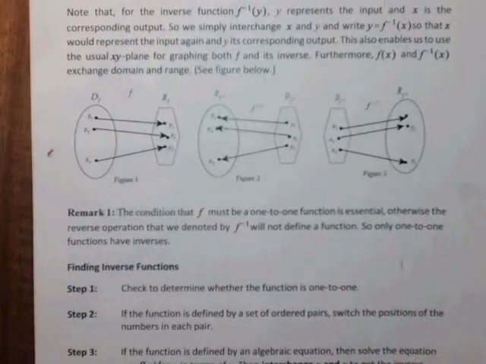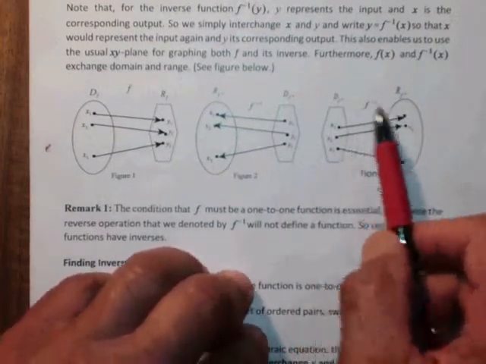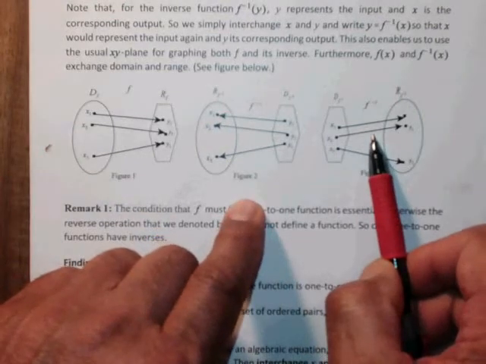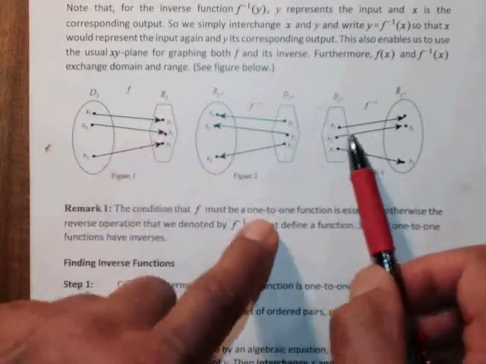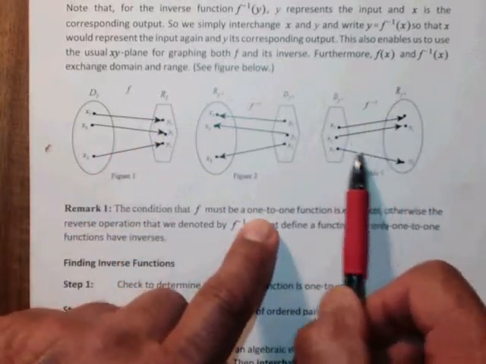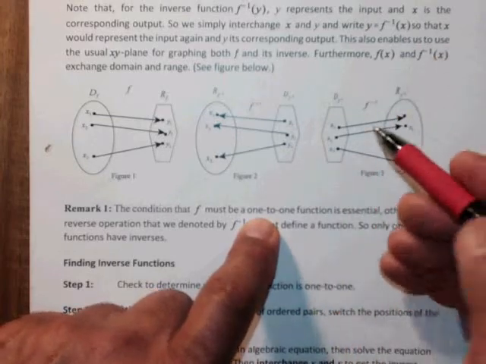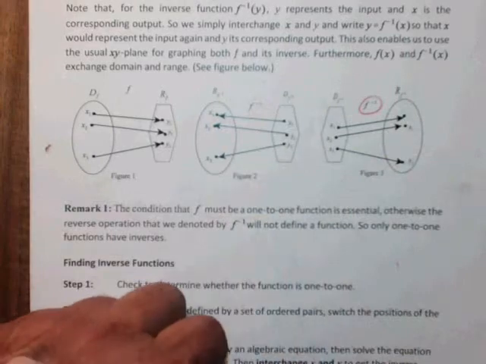So I have to change names. But if I change names, I get this operation here, and this operation is a reverse operation. And because the original function was a function, now this is clearly a function as well. So I call it the inverse function, and I use the symbol f to the minus 1 for the inverse function.